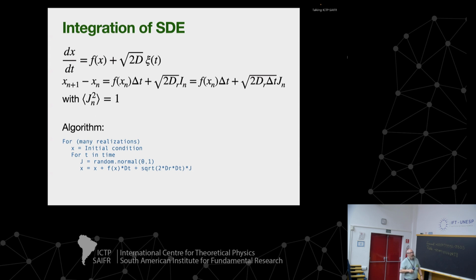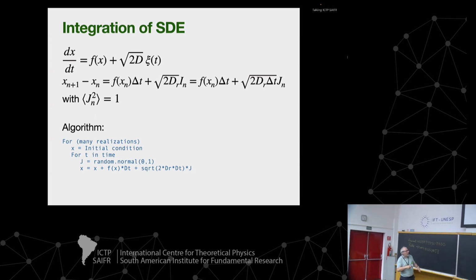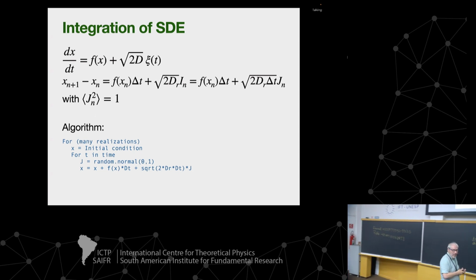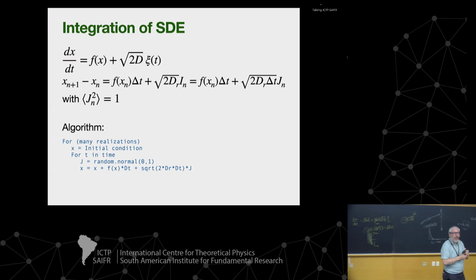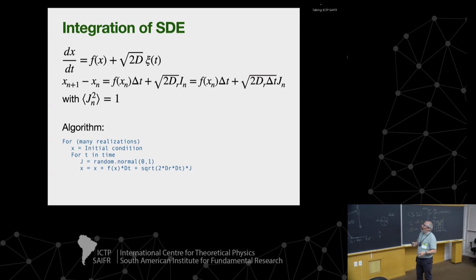Yes, that's it. And that's the origin of this, I don't know if it's mysterious, but sometimes you don't know why. You have here delta t, and here a square root of delta t. Yes, and this is the Euler scheme for the Langevin equation.